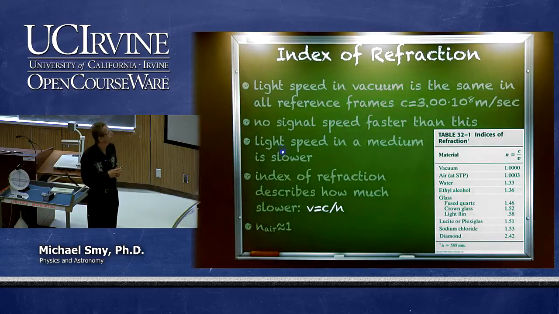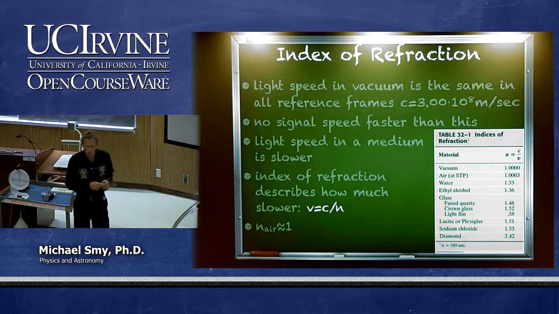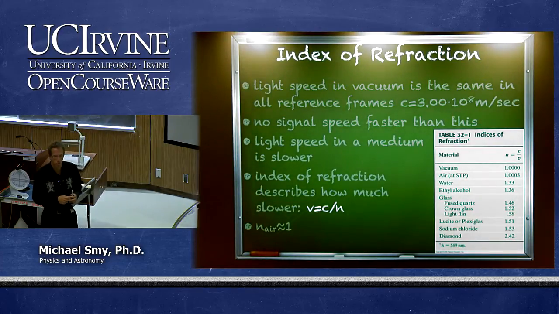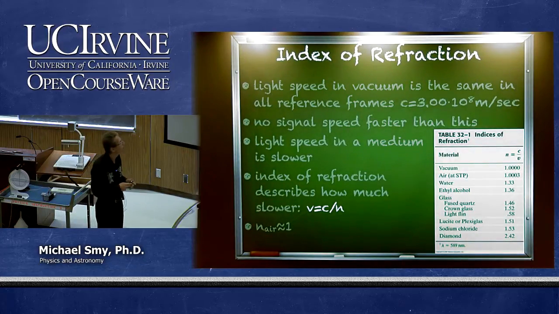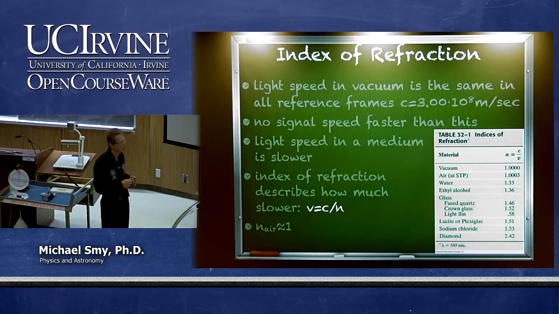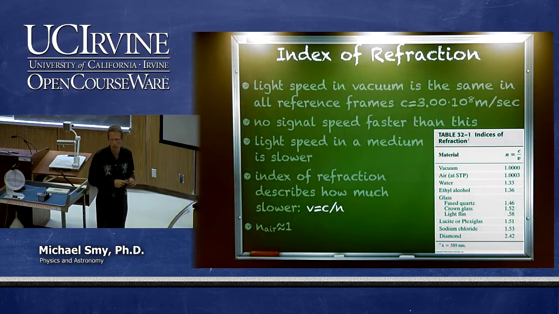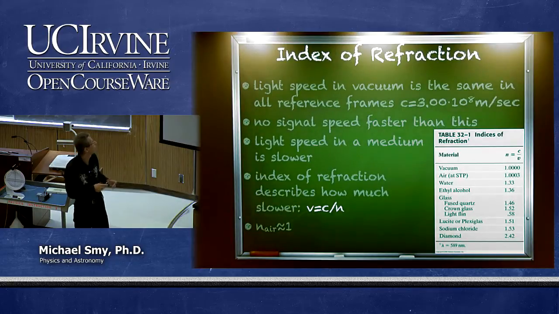However, once light travels in a medium, like water or air or anything that is not vacuum, then it slows down. So the light speed is no longer constant, it's no longer this value. And how much it slows down will depend on the medium.